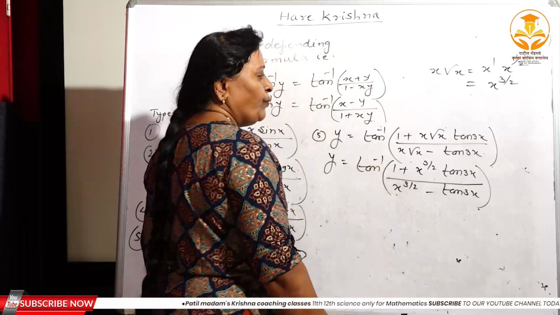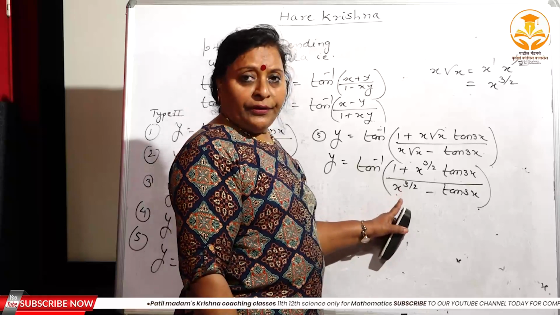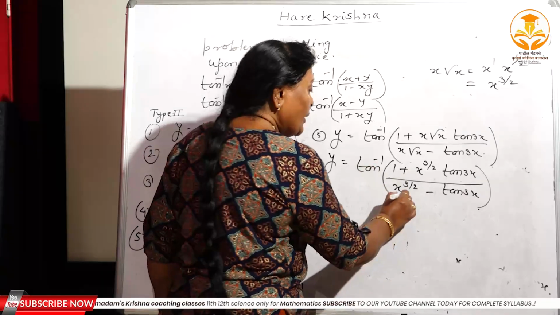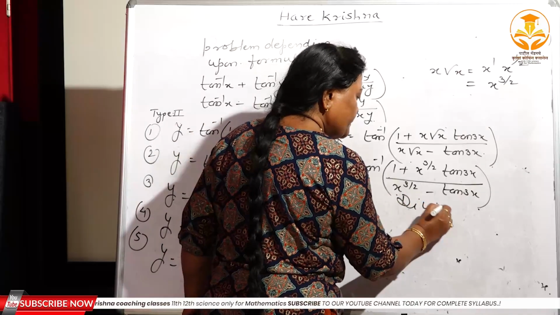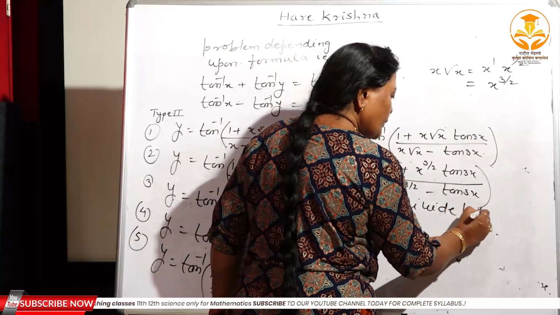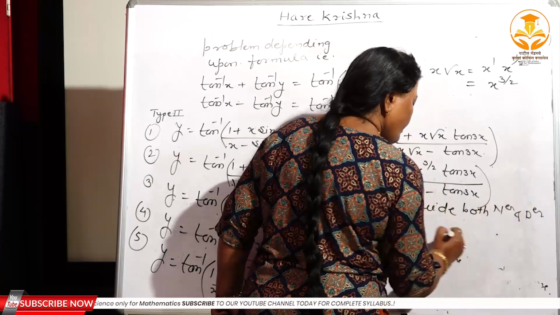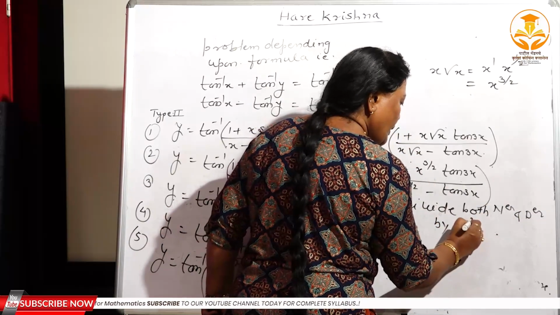Right? Again, what do we want? Here we want 1. Therefore, what you have to do? Divide both numerator and denominator by x to the power 3 by 2.